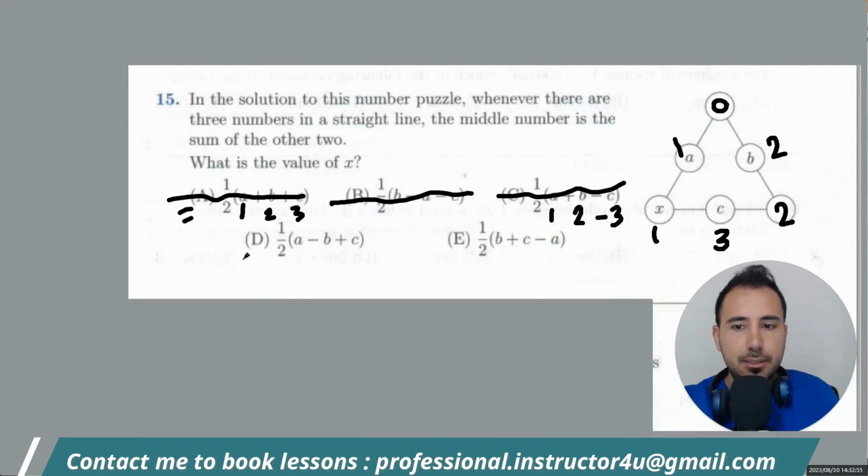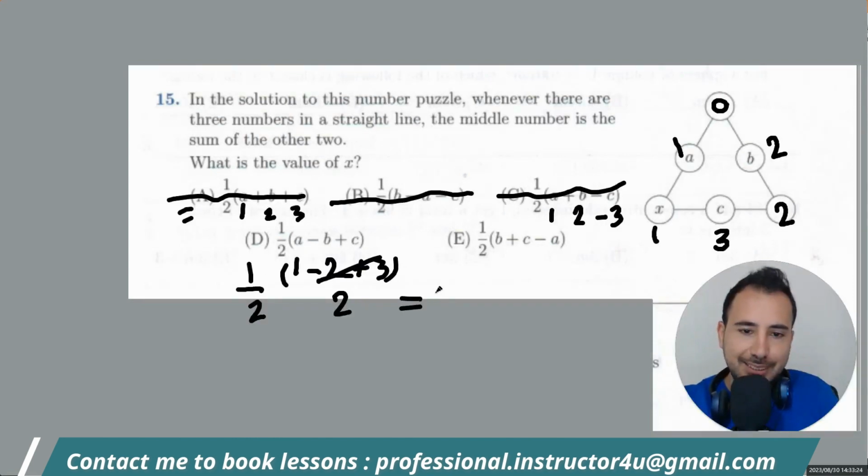Bye-bye. D, this will be 2 minus 3 plus, wait, I got confused. So A was 1, minus B is 2, plus 3, all of this multiplied by 1 over 2. So as you see here, this would be positive 2 multiplied by 1 over 2 is 1.